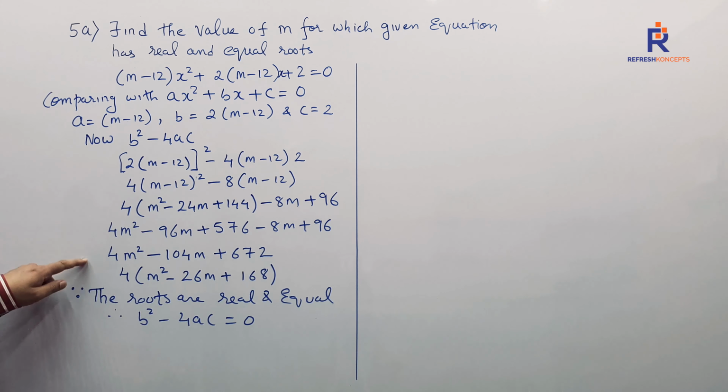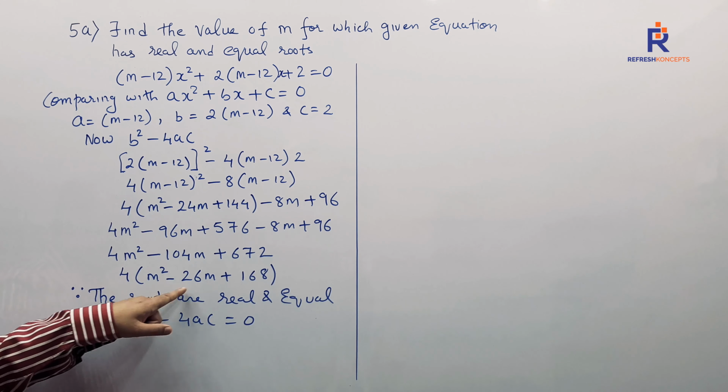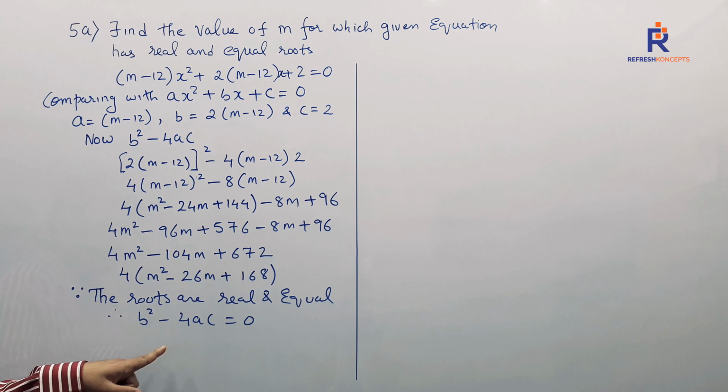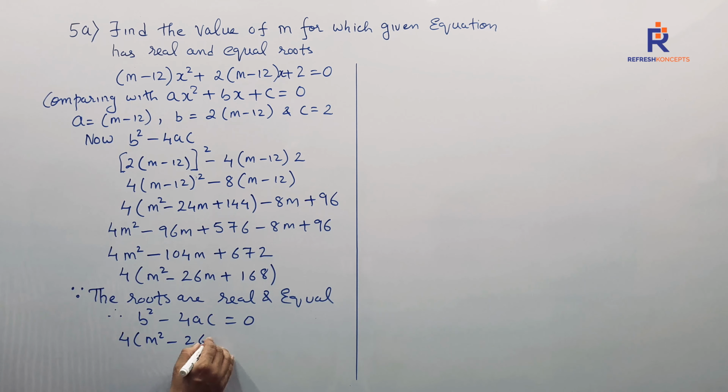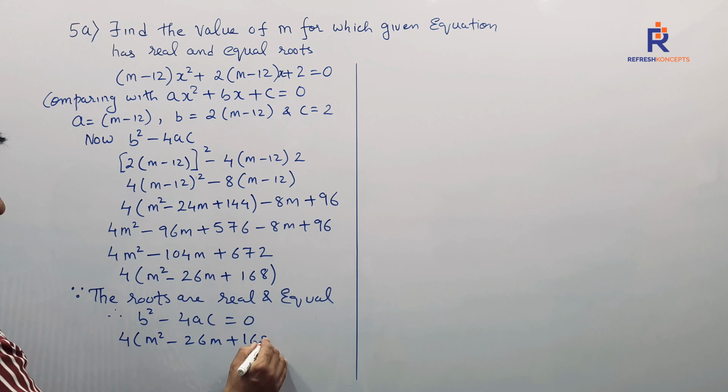Children, this is also b square minus 4ac; in fact, this is the value of b square minus 4ac. So b square minus 4ac has to be 0. We simply say 4 into (m square minus 26m plus 168) equals to 0.